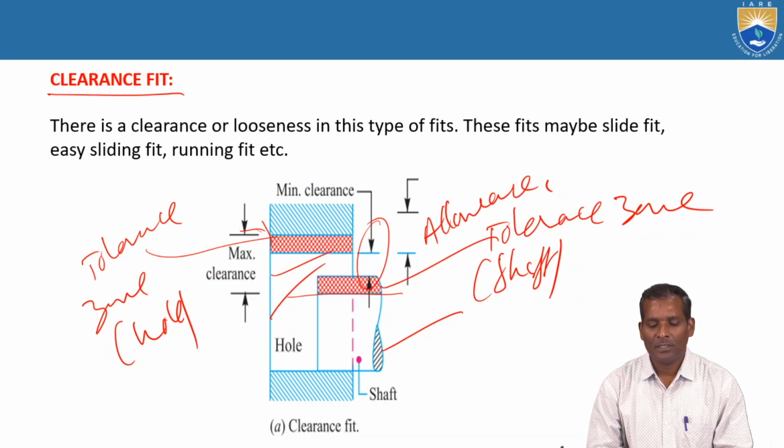Minimum clearance is the difference between the upper limit of the shaft and the lower limit of the hole. Whereas maximum clearance is the difference between the lower limit of the shaft and the upper limit of the hole.